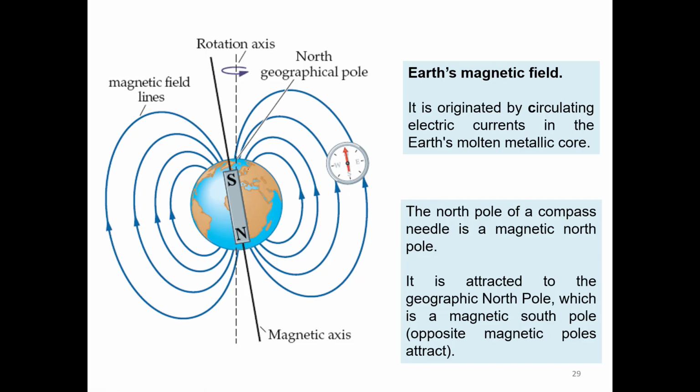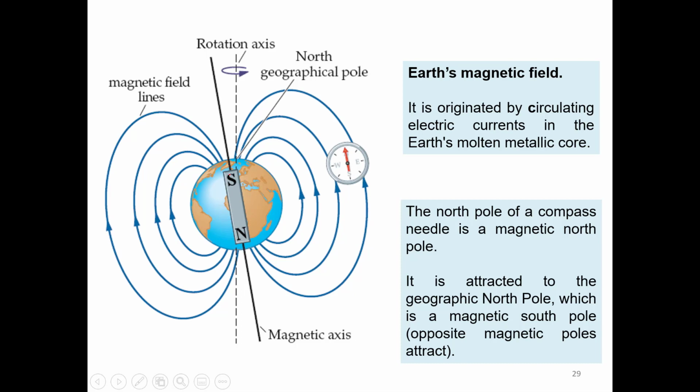Remember, the North Pole is attracted by the South Pole, and unlike poles attract. So if the compass north is attracted in this direction, then the North geographical pole of the Earth must be the South magnetic pole.